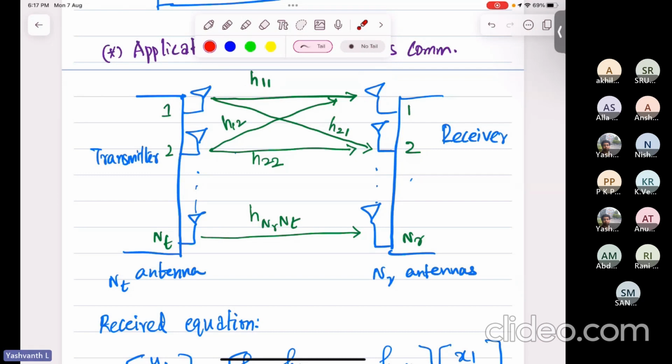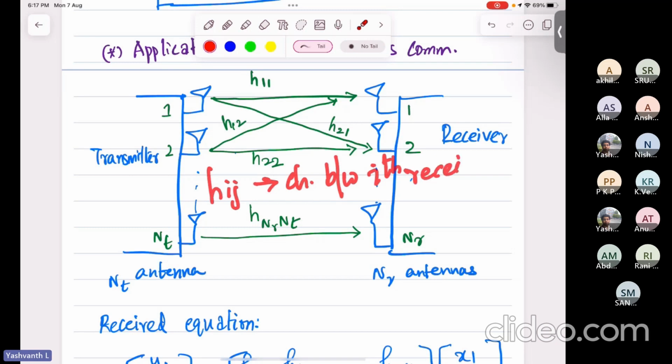The channel between the first antenna at the transmitter and the second antenna at the receiver is called H21. The convention is that Hij means it's a channel between the ith receive antenna and the jth transmit antenna. So this is the convention that I'm going to follow.